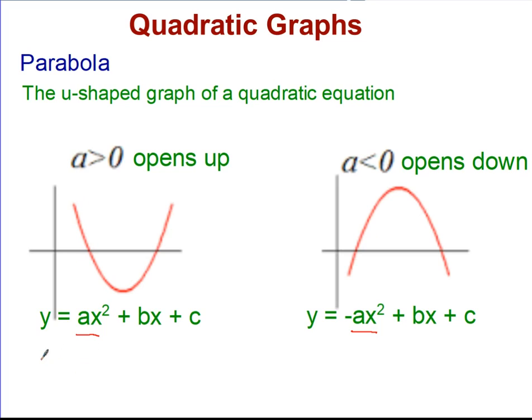So for example, this could be something like y equals x squared plus 6x plus 5, right? This is a positive leading coefficient. Maybe this one is something like y equals negative 2x squared plus 4x plus 8. Okay, this one has a negative number out front. That means it opens down.